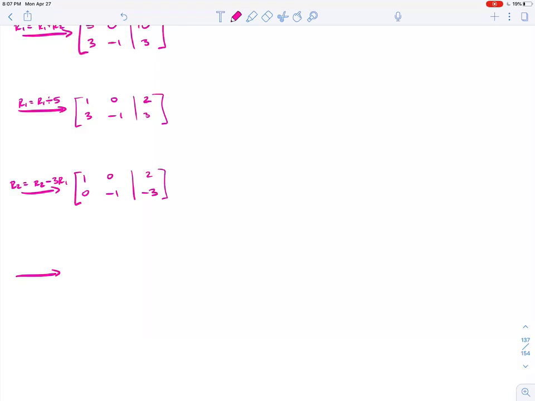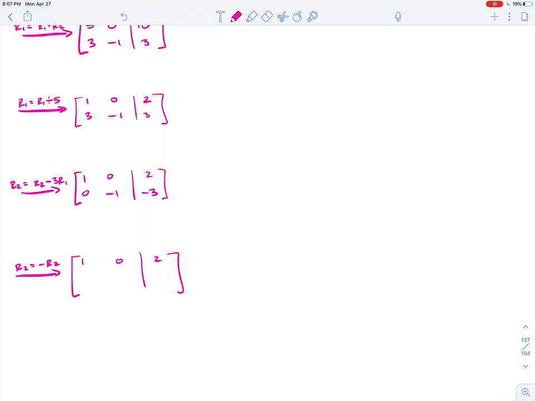And for a last step, we've got a 1, 0, 0 there. This just isn't a positive 1 yet, so all I need to do is multiply it by -1. So row 2 will become its own opposite.